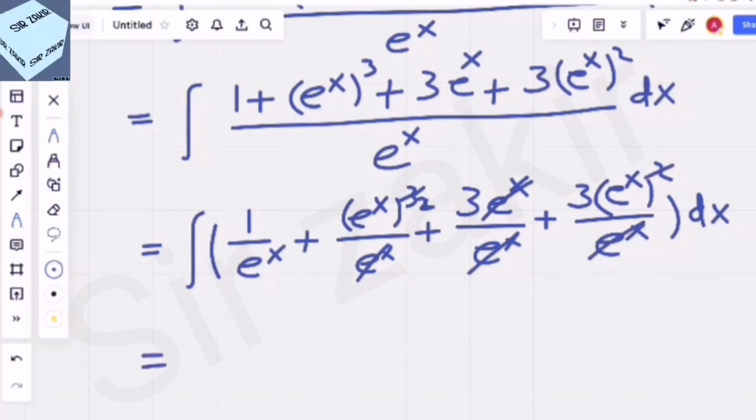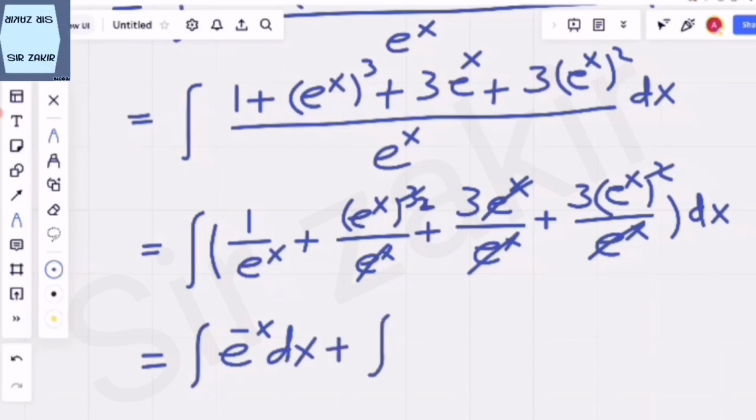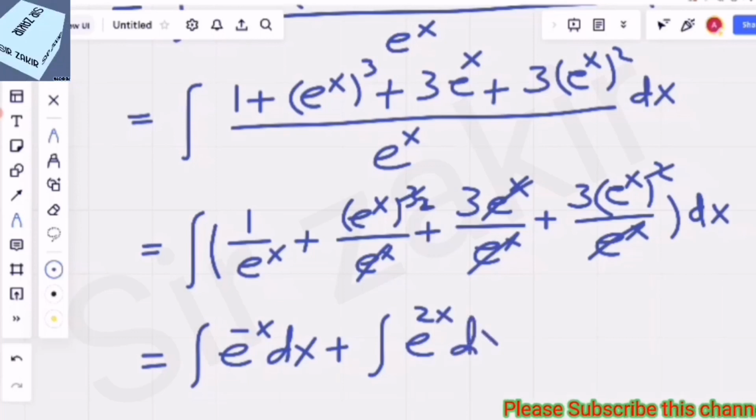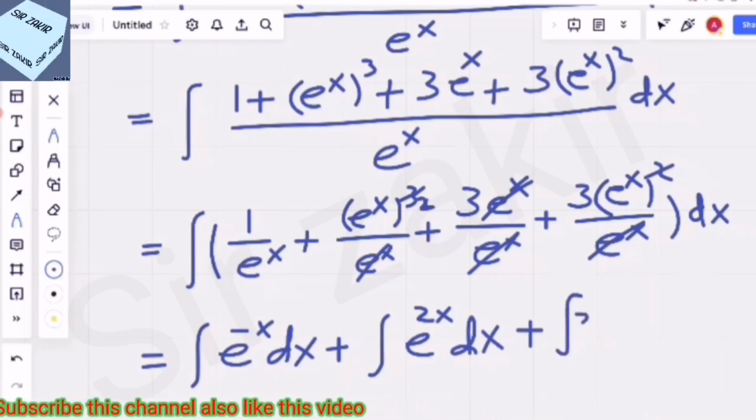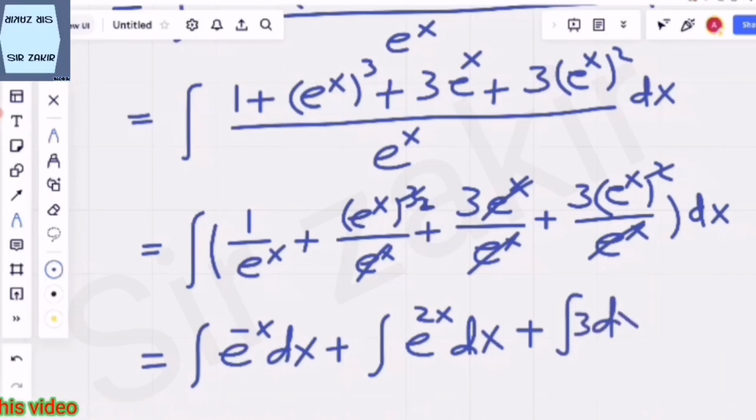And then we separate the integration also. e^(-x) dx, e^(2x) dx, 3 outside, integration of 3 dx, 3 outside, integration of e^x dx.